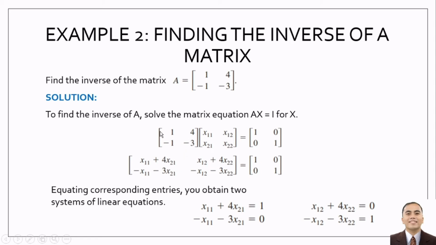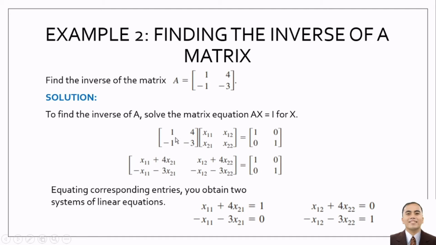Next, first row, second column: 1 times x12 is x12, plus 4 times x22 is 4x22.